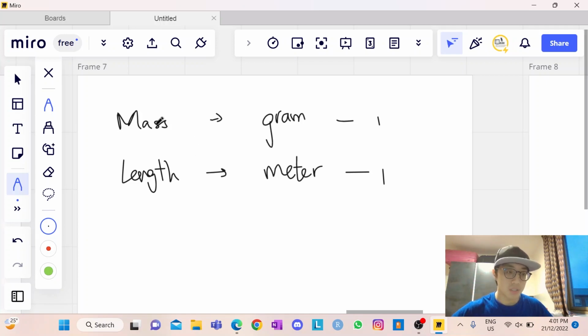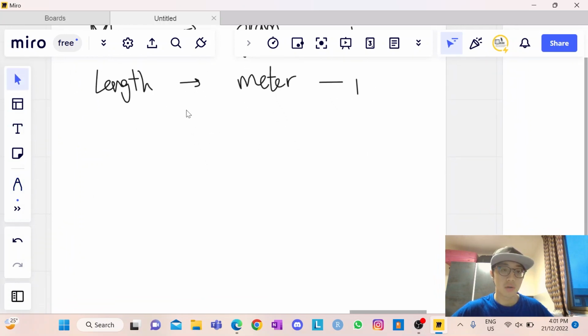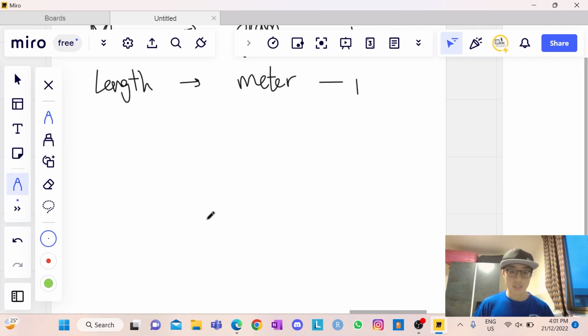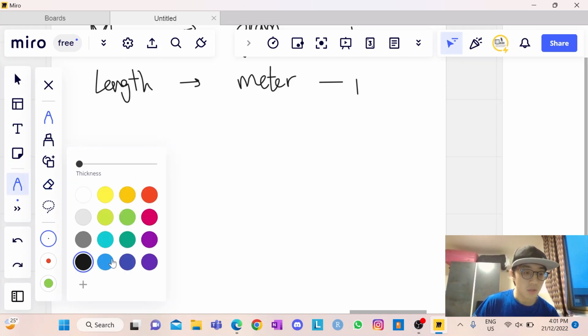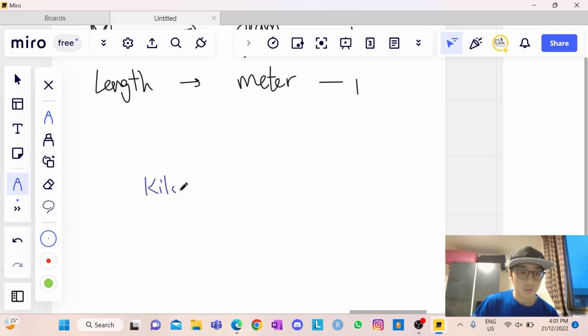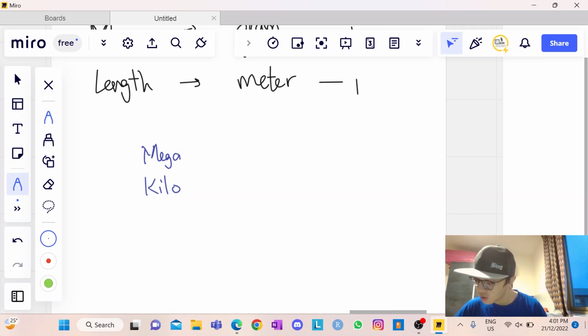So how do you convert from the base unit into the others, let's say kilometers or kilograms? You can look on Google to search the names to convert the length and stuff. For IGCSE mathematics, from what I remember, the few things that you need to learn are kilo, mega, and giga.